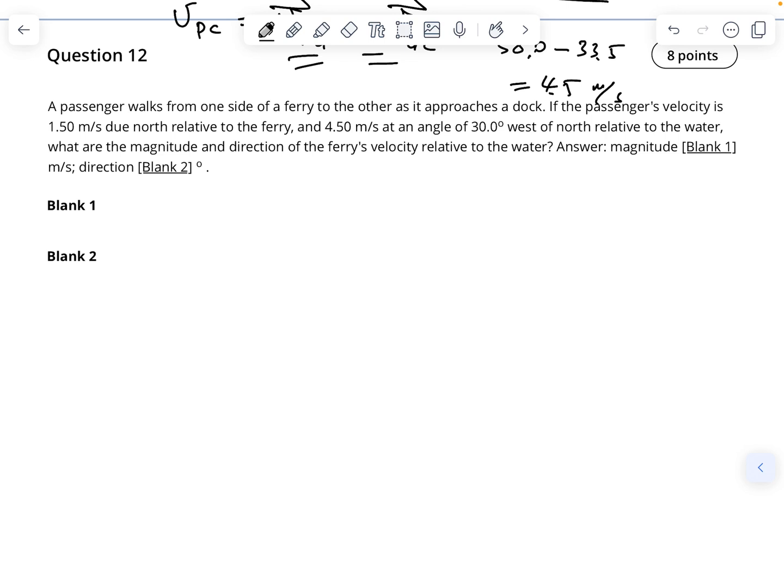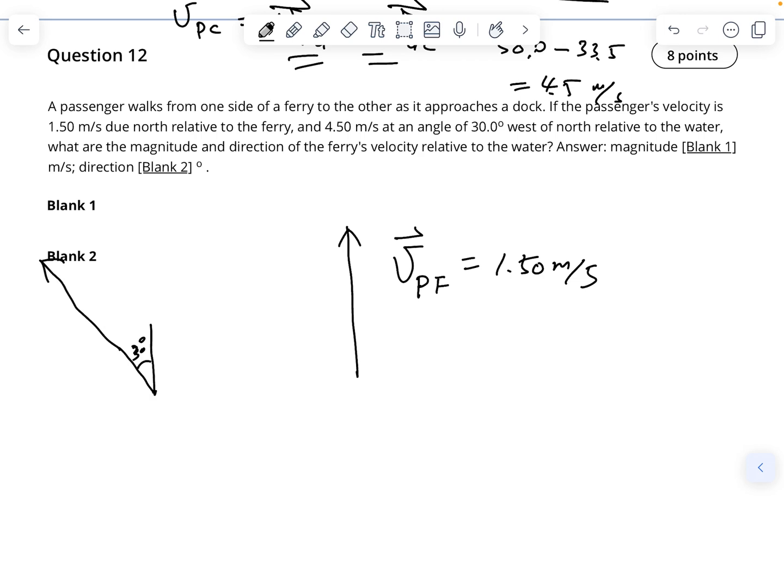If the passenger's velocity is 1.5 meters per second due north relative to the ferry, okay, so this is the passenger relative to the ferry, equal to 1.5 meters per second due north, and 4.50 meters per second at an angle 30 degrees west of north. So this is north, 30 degrees west of north.